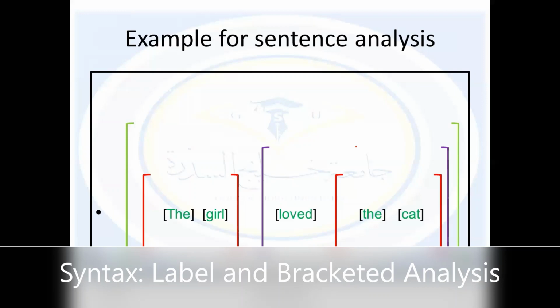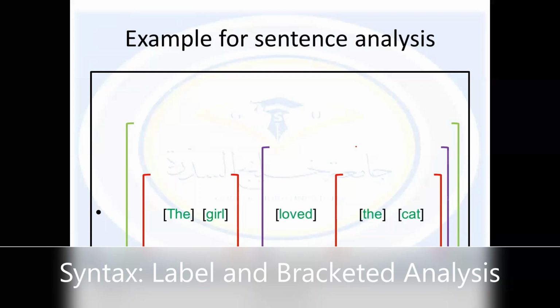Girl also has brackets around it, and even loved and the cat. So that tells each one of these components that it has some name. So it is the smallest unit.